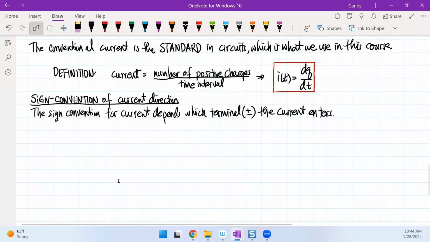So it goes something like this. So if I have an element, let's say that this is my element right here.